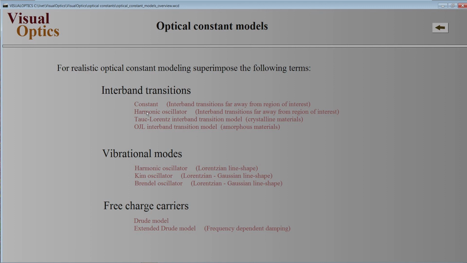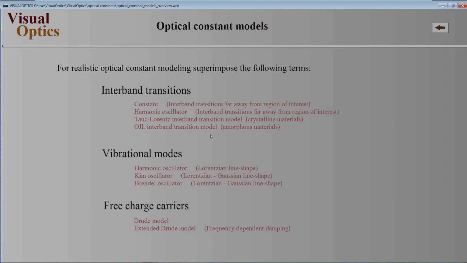If you see interband transitions which are close to the observed spectral region, then you might need a little bit more details. And there are two models which I explicitly can recommend to be used for interband transitions. The first one is the Tauc-Lorentz model for interband transitions in crystalline materials, a very well-known model with 4 parameters and usually very easy to apply, and very successful for crystalline materials.